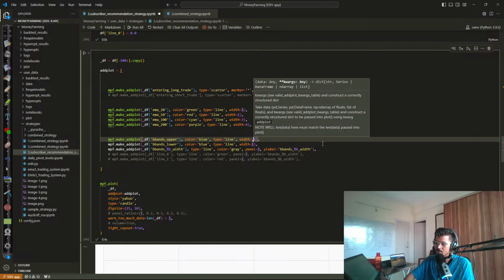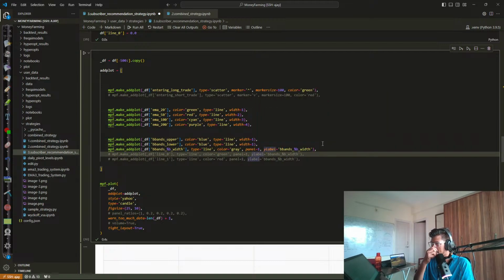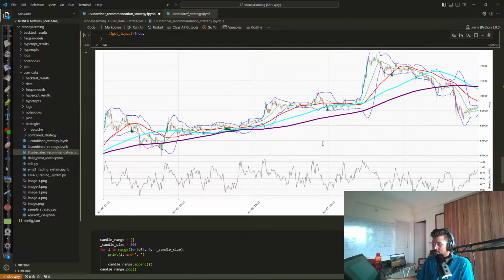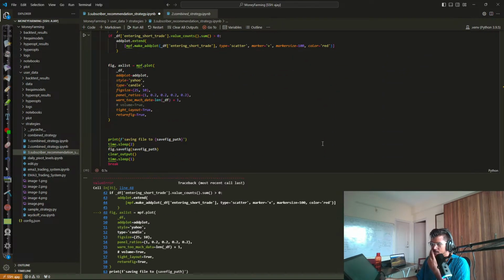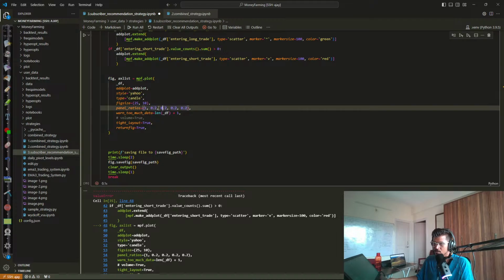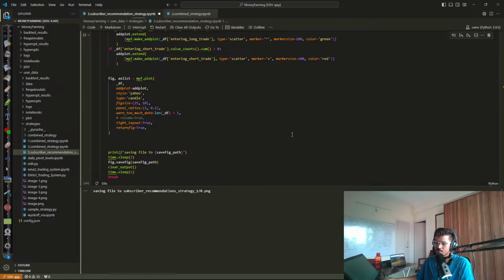Oh yeah, width, panel 1. So I only need panel 1. Okay, so not that much.